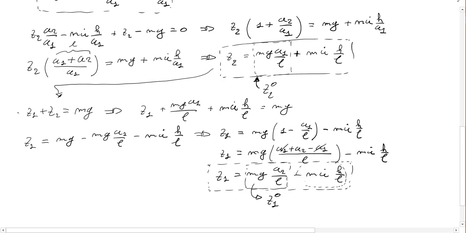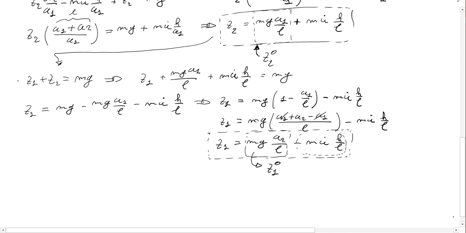Okay, let's compare Z2 with Z1, and what we see here is that the addendum term will be exactly the same. We have mu dot H L from Z2, and here we have mu dot H L. So we have exactly the same value, but the only difference between Z2 and Z1 is that on Z2 we have the plus sign, and on Z1 we have the minus sign.